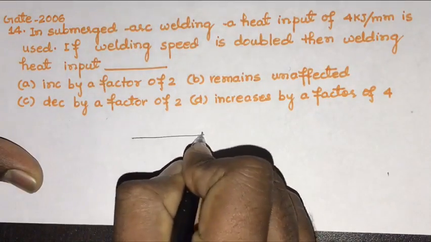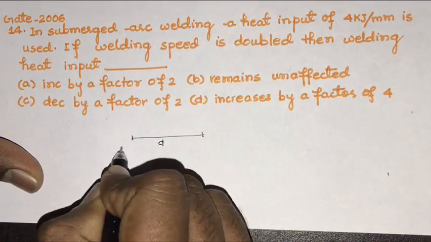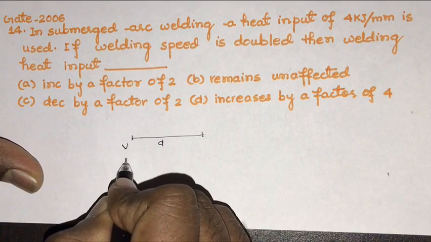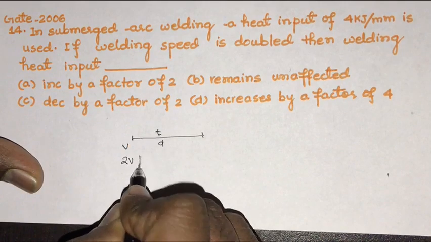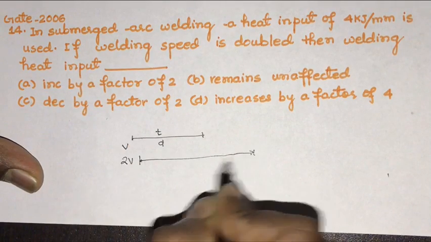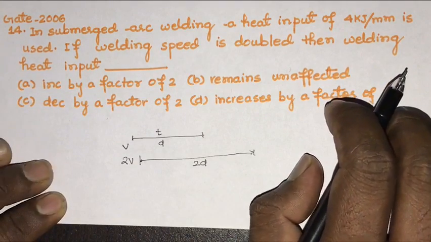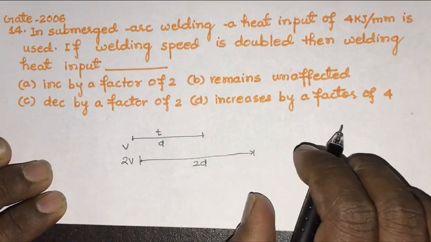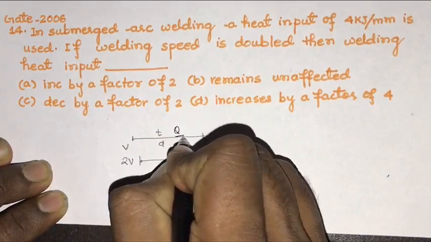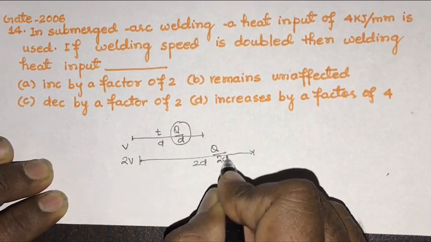If this is the distance covered at velocity v, and you make it 2v, then in the same duration t it will cover a length of 2d, and in that case the heat input will become half of the previous one, because q was distributed over distance d and now it is distributed over 2d distance.